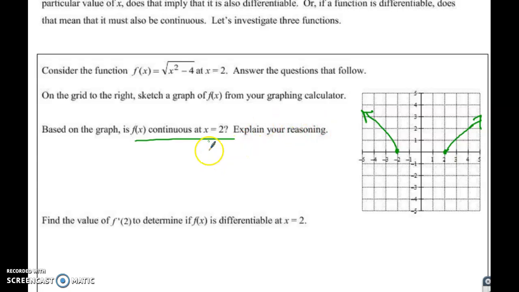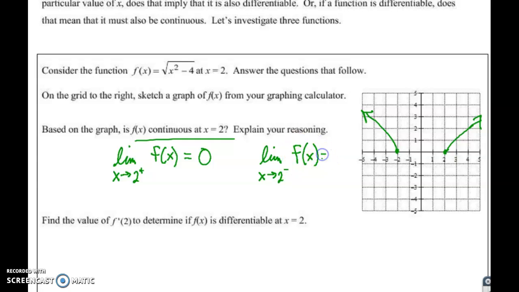Well, let's look at our three-part definition. At x equals 2, what's the limit as x approaches 2 from the right of f of x? Well, that equals 0. But what's the limit as x approaches 2 from the left? Well, it's not getting closer and closer to anything, so that limit does not exist.